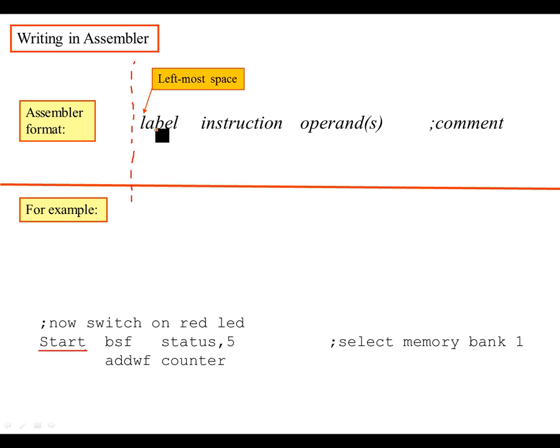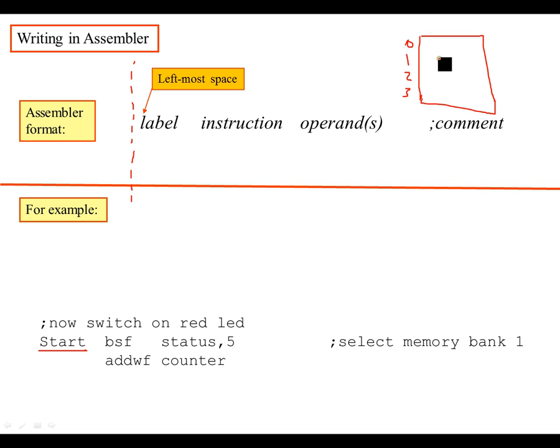Now, the line you're writing on has a line number, but when it gets assembled, it's also going to have an effective address location in memory. For example, you may have 0, 1, 2, 3.